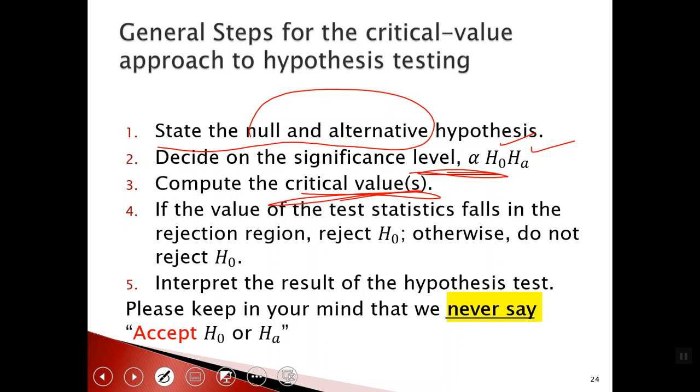Then calculate your test statistic value, z-cal, and decide whether to reject H naught or not reject H naught. Finally, interpret your result. Keep that in mind: we never say accept H naught or HA. We say reject H naught or do not reject H naught.